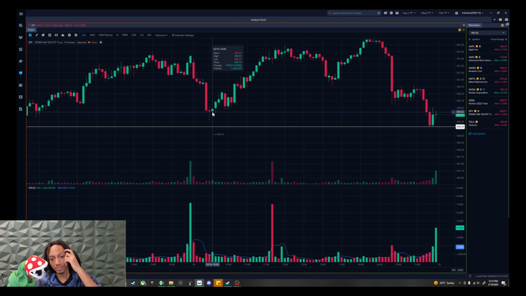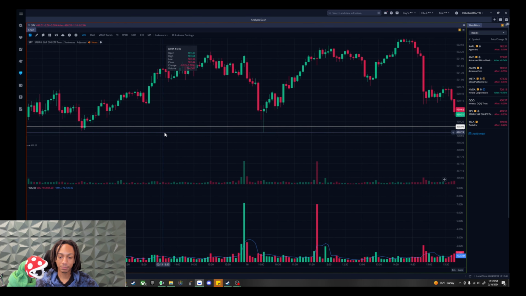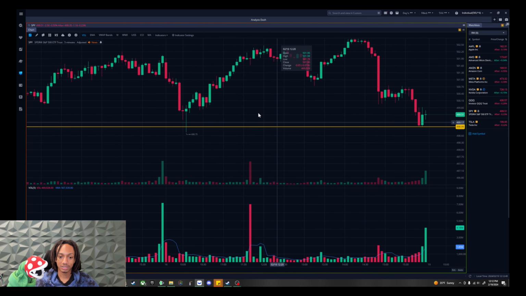So we have this doji and we have this hammer candle at the support. We already know support means that there's a surplus of demand at that area, right? So we have the surplus of demand based off of the support level. I'm gonna make it bigger and make it gold for you. So that's support.